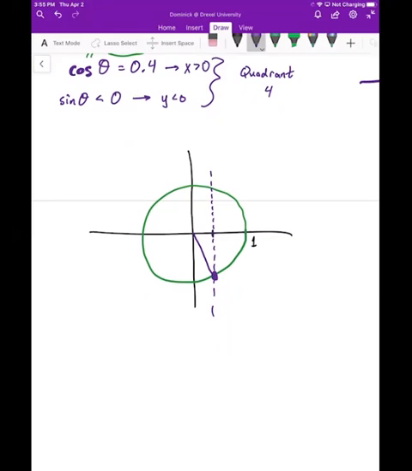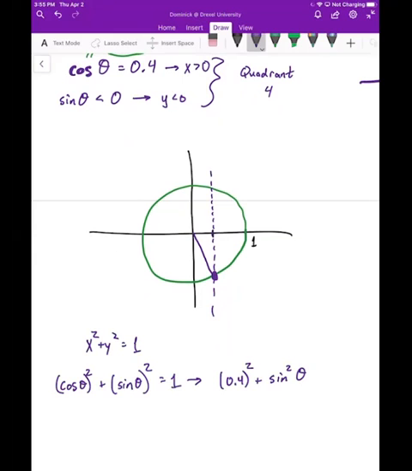We can actually find what sine is, because we know that x squared plus y squared is equal to 1. And x is cosine squared, and y is sine squared. And we have that cosine is 0.4 squared plus sine squared theta.